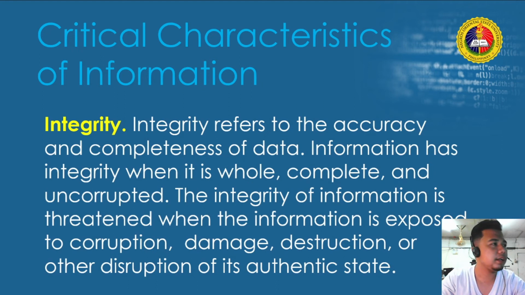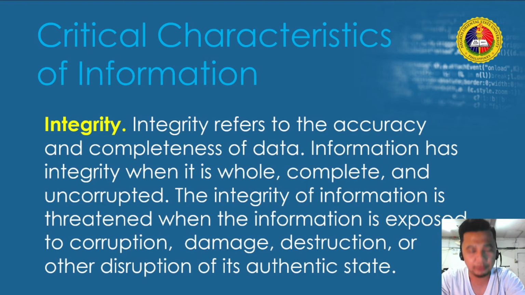Okay. Next, the next critical characteristic of information is that information must have integrity. Integrity refers to the accuracy and completeness of data. Information has integrity when it is full, complete, and uncorrupted. The integrity of information is threatened when the information is exposed to corruption, damage, destruction, or other disruption of its authentic state.